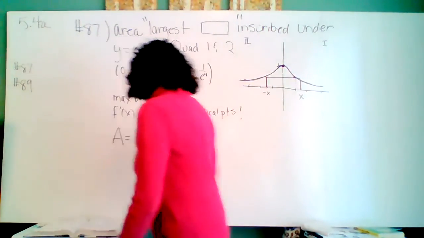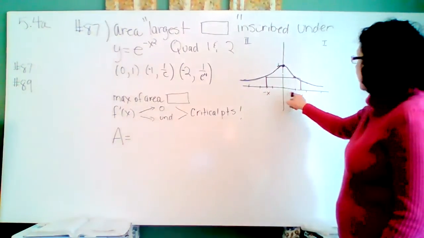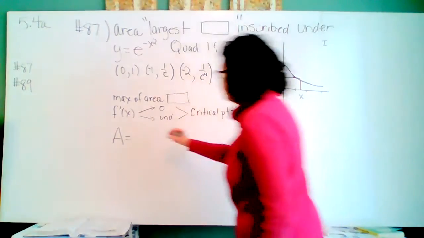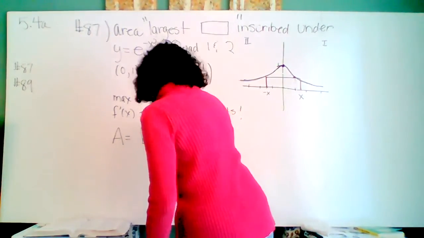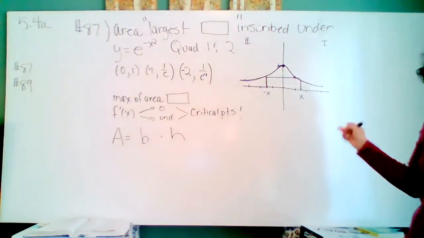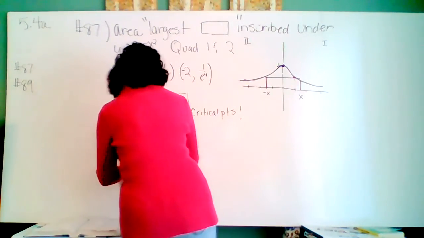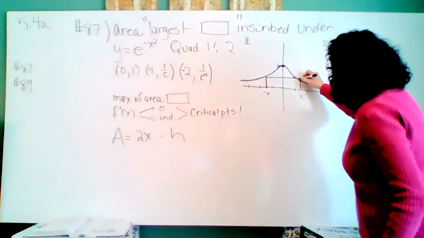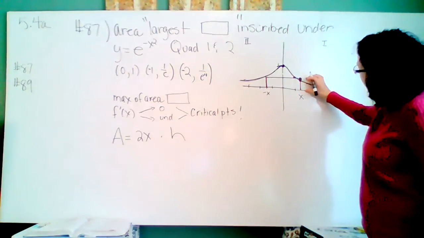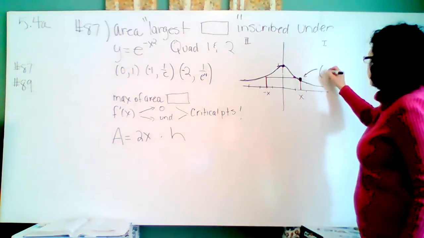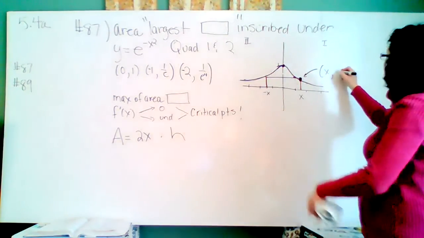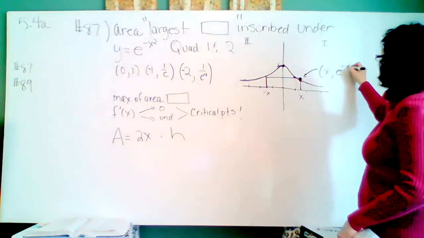Okay, first I want to point out to you that the base of this rectangle, so I'm doing base times height, is 2 x's. It's 2 x's long. Now, this is the height of the rectangle right here. And what is that height? Well, for any x I put in, that height is the y value.